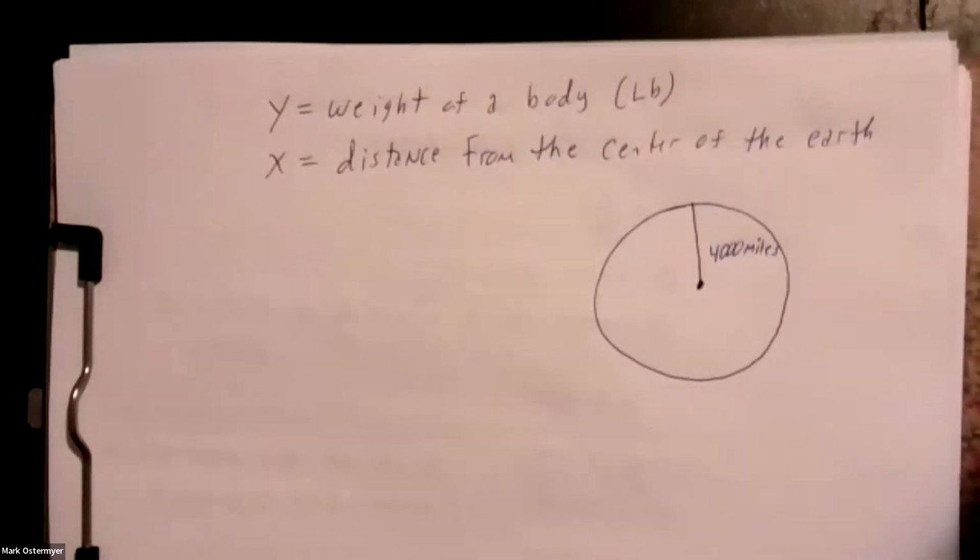Got to be careful here, because it's the distance between the center of the Earth and the body, not the distance between the body and the surface of the Earth.